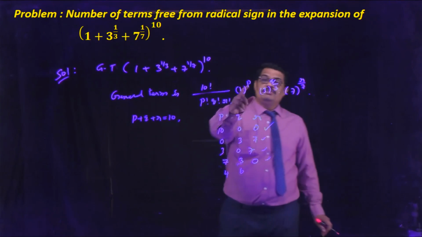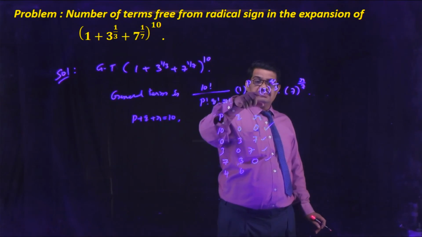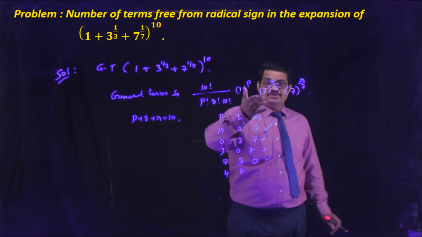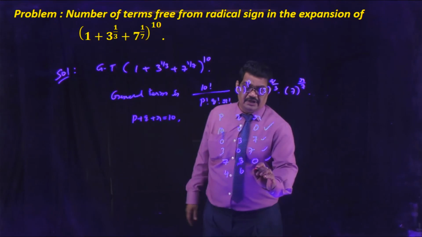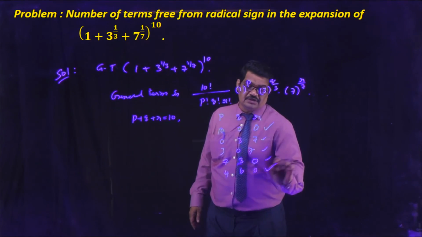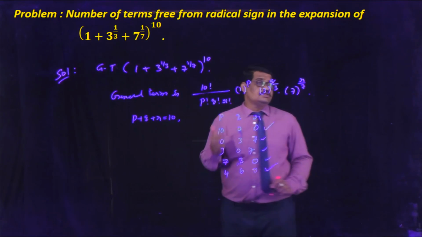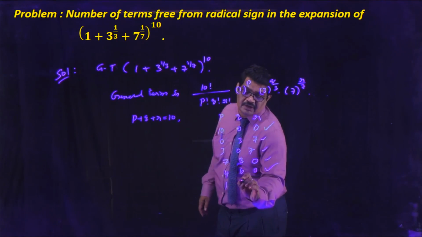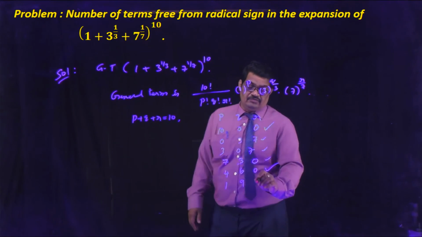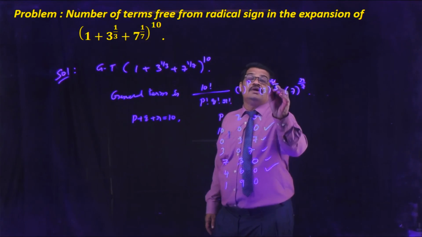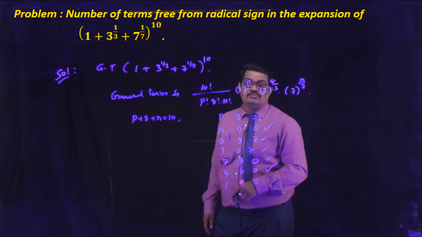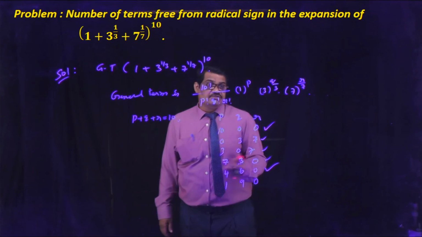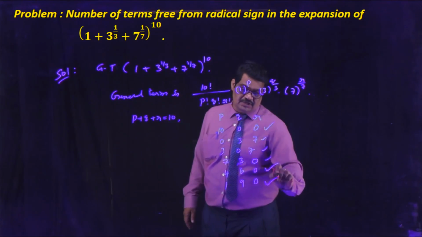Here 1 to the power of 4 is 1, and 3 power 6 by 3, that is 2, it is an integer. This one we have taken 0. So 6 plus 4, that is 10. This is another chance, and one more chance is here 1 and here 9. So 1 plus 9 is 10. We have taken this as 0. Here 9 by 3 is also divisible. 9 is divisible by 3. Okay, this is another chance.